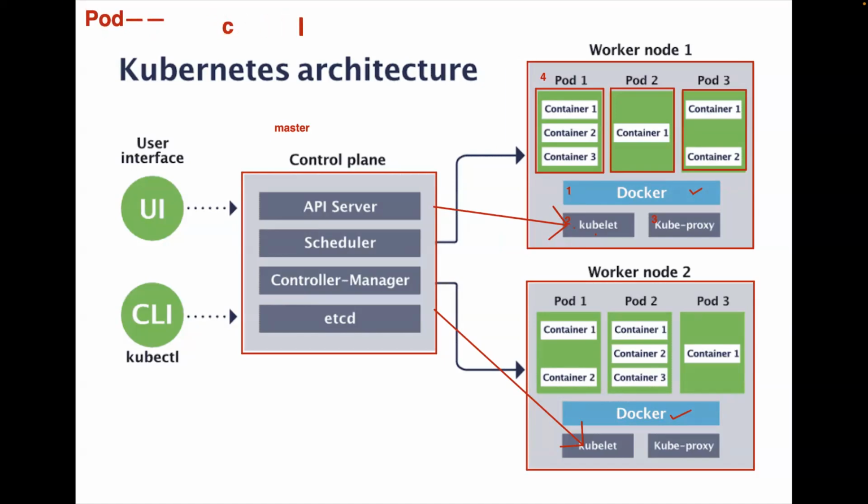You will always see a container wrapped with a layer called pod. Pod is like a home for the container, the living environment for the container. You can imagine the container as a chocolate and the pod as the wrapper around the chocolate. That's a pod.